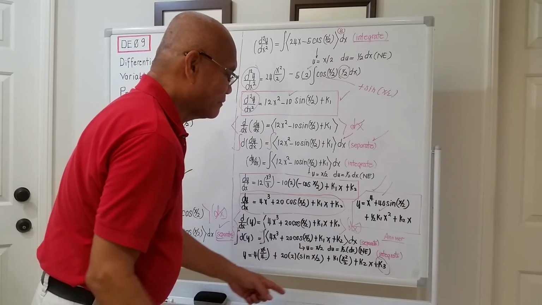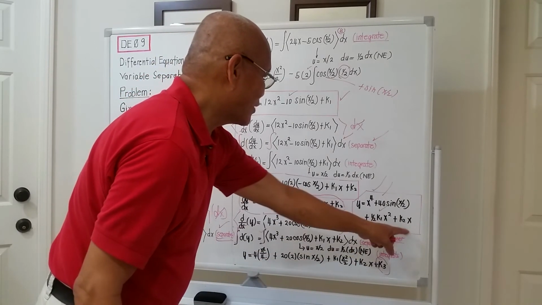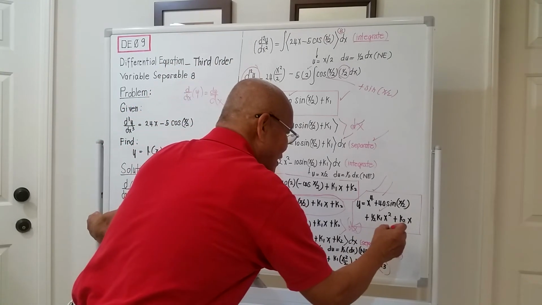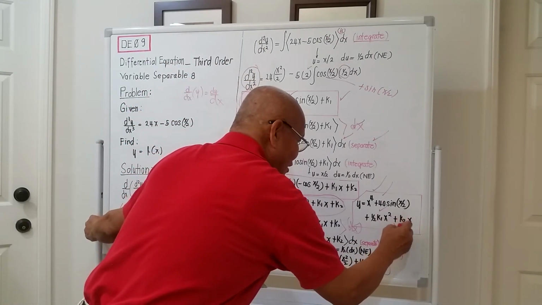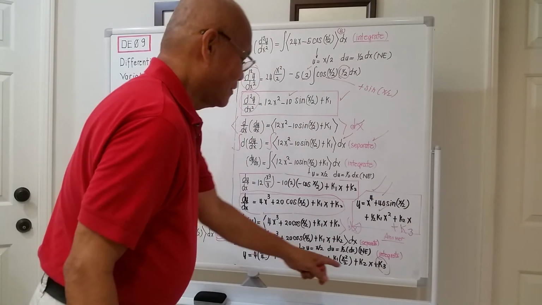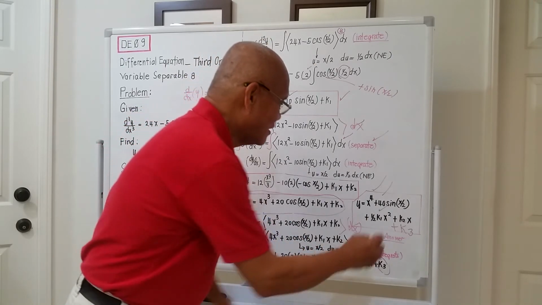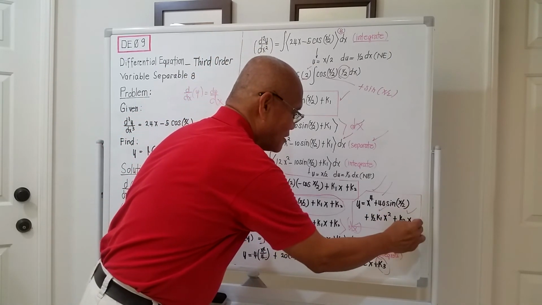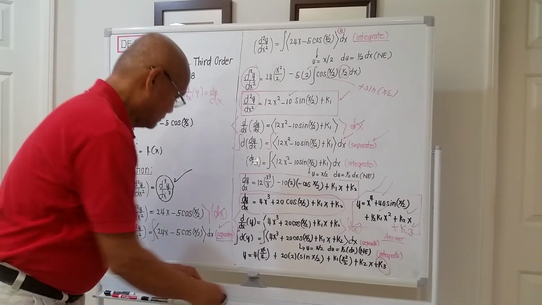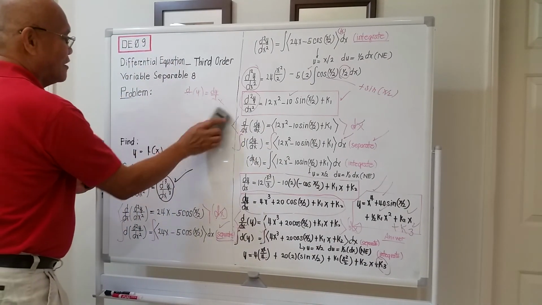And the last part, k2x, I'm missing a part of the final answer. This should be plus k3. The second to the last is k2x plus k3. So this is k2x plus k3. Okay, guys? That's the final answer.